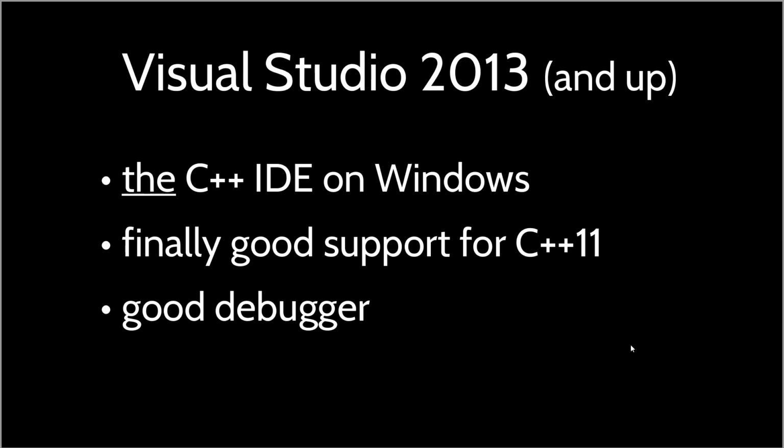So Visual Studio is pretty much the best C++ development environment on Windows. Certainly the most used. And it has finally received good support for C++ 11. Earlier, Visual Studio's built-in compiler was lagging severely behind in C++ support, and the open source GCC and Clang compilers were doing a lot better.